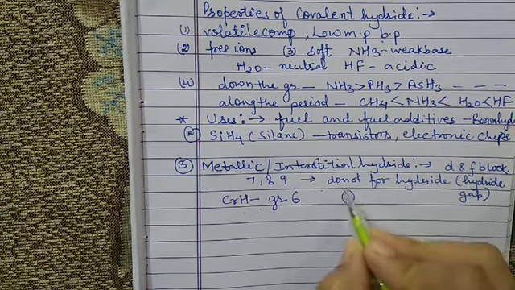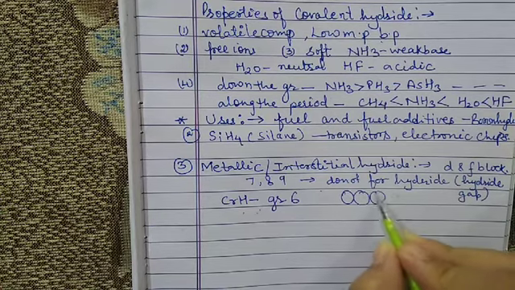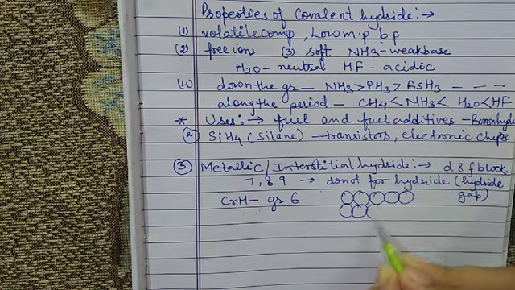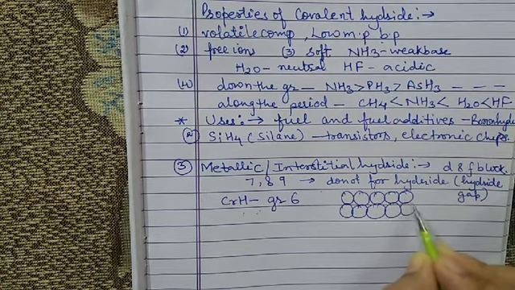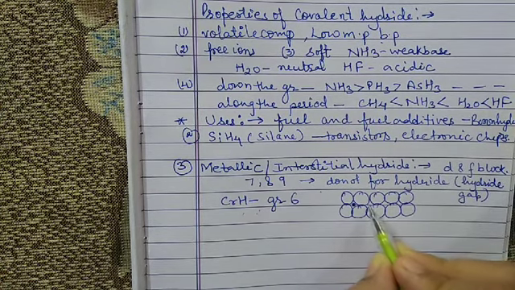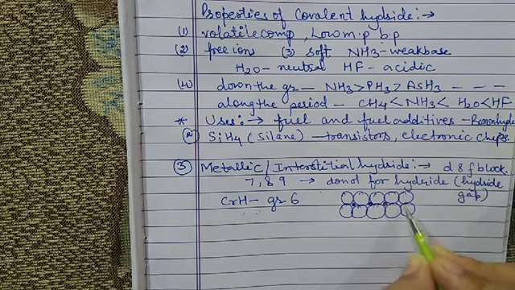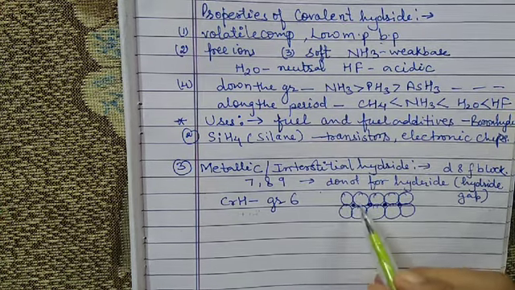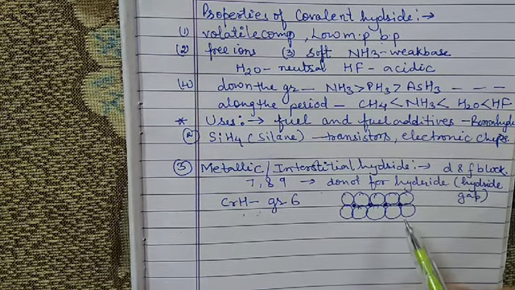For example, this one is the metal lattice. Metal lattice means a crystal or the structure of the metal. This position, in between the atoms of the metal, is known as the interstitial position.